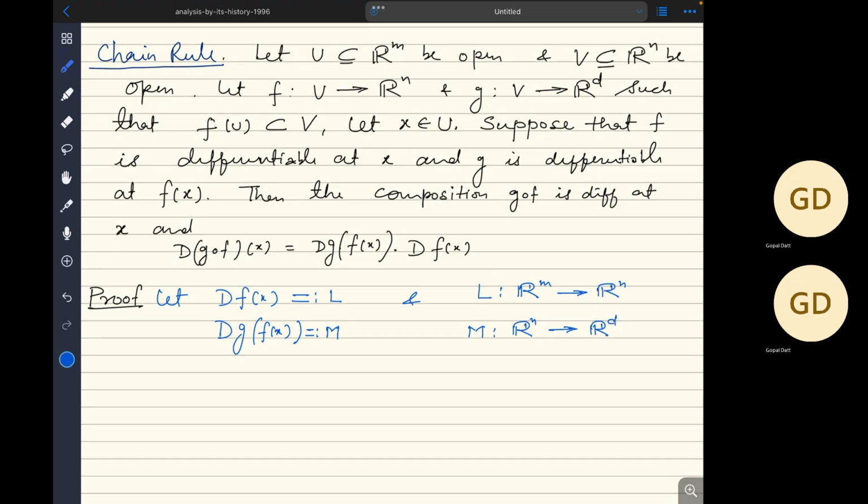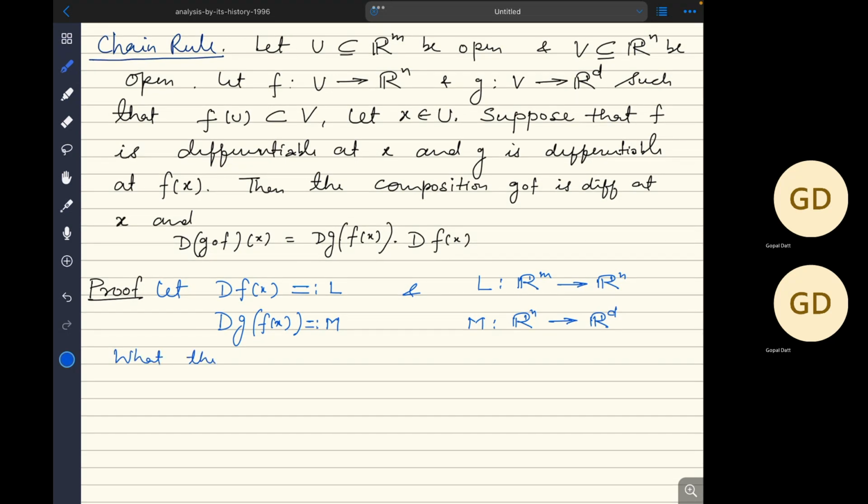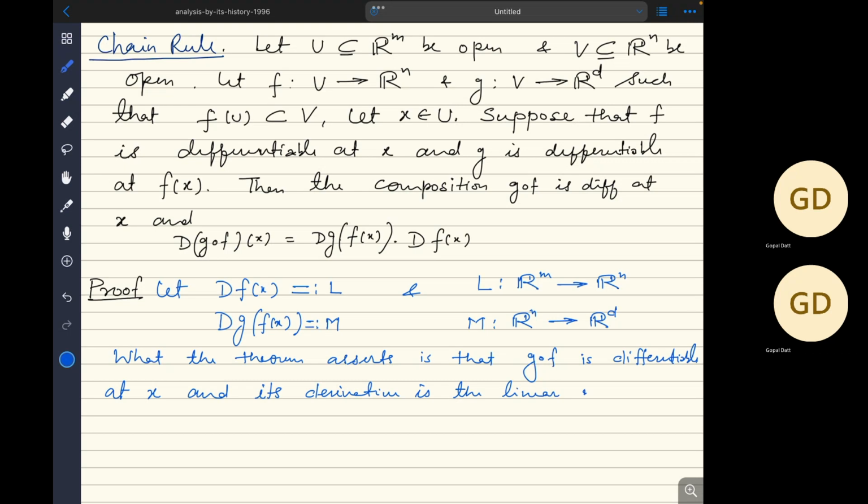What this theorem asserts is that g∘f is differentiable at the point x, and its derivative is the linear transformation or linear map M∘L, the composite map.